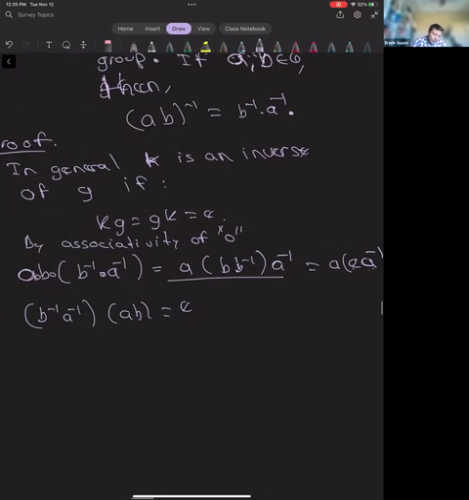Now this one is B inverse A inverse AB, by associativity, right?